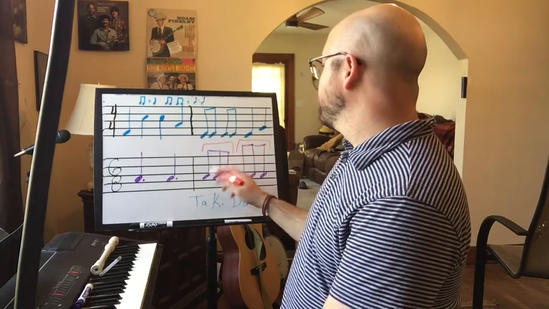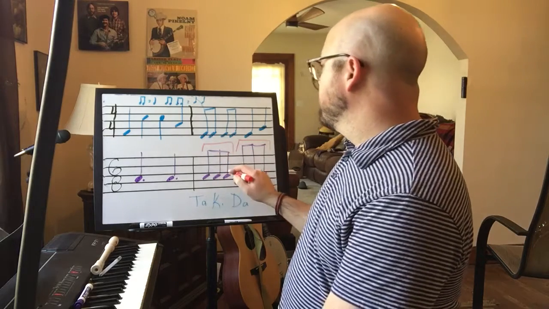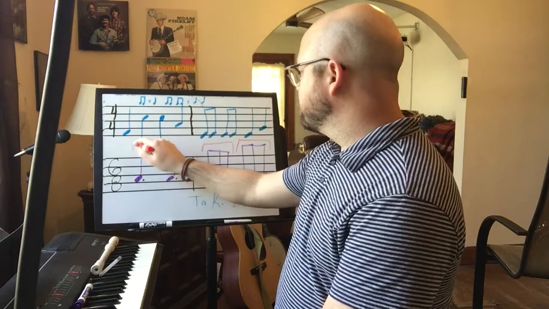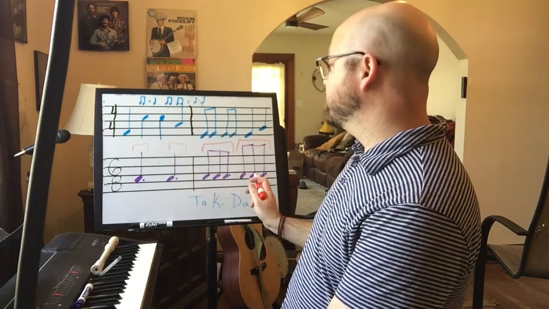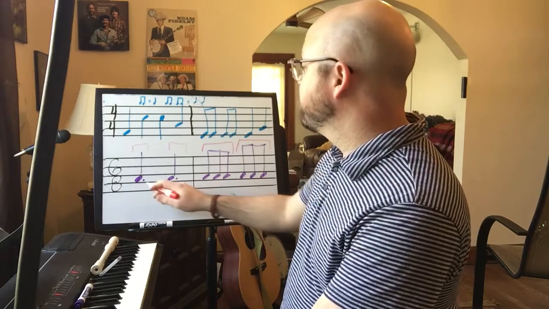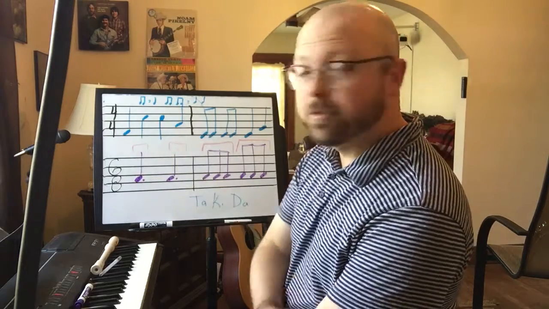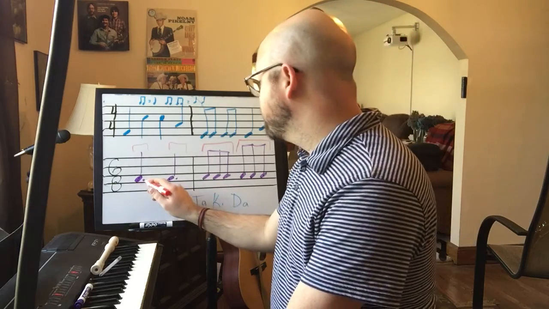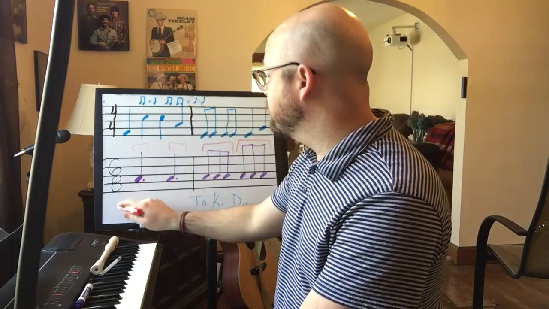So these are also called triplets. You'll notice there are 2 dotted quarter notes over here, and we have 2 sets of 3 eighth notes here, or 2 sets of triplets. So that means when we cut a dotted quarter note into equal thirds, we get 3 eighth notes. So that up here, when we cut a quarter note in half, we got 2 eighth notes.